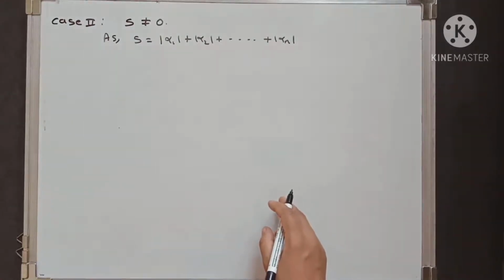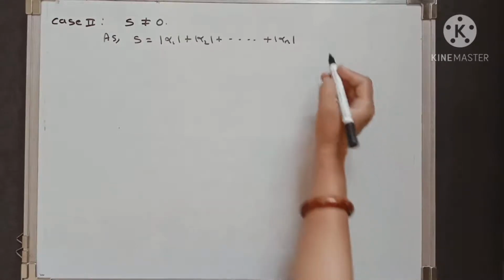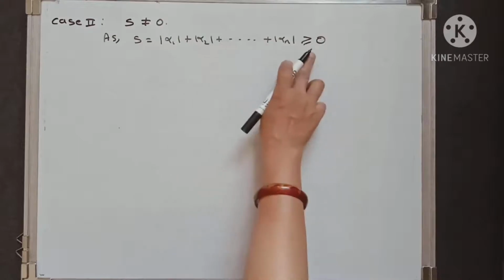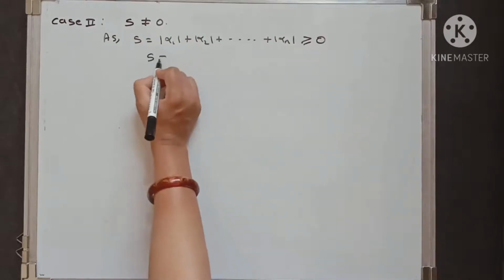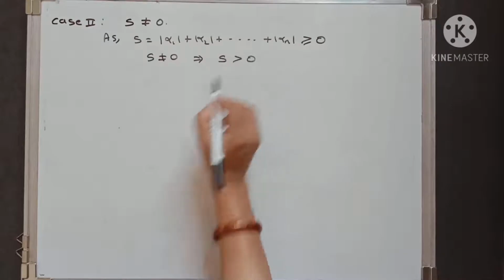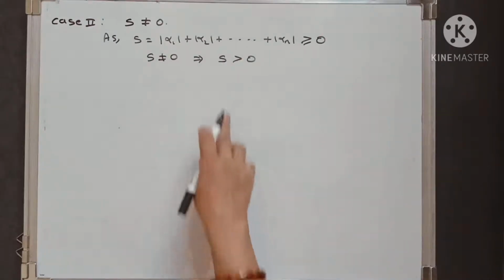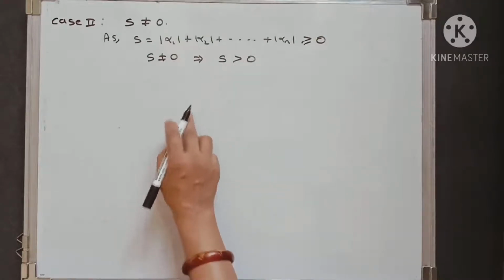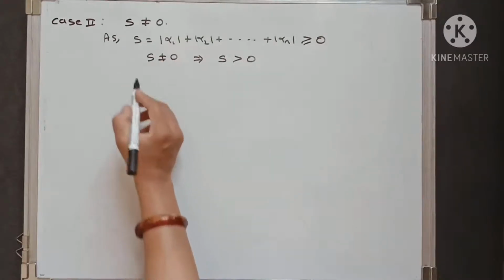It is also a sum of non-negative terms, and it is always greater than or equal to 0. But here we are saying that s not equal to 0 implies that s is strictly greater than 0, that means s not equals to 0.